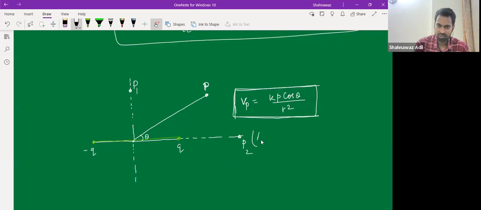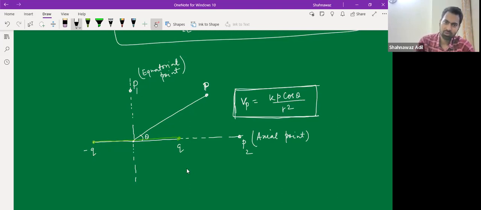So this is the axial point, and this is the equatorial. Okay, Mariam, remember now. So keep revising, otherwise you will forget whatever you have learned. Make short notes and just look at them. Okay, so this is the axial point.